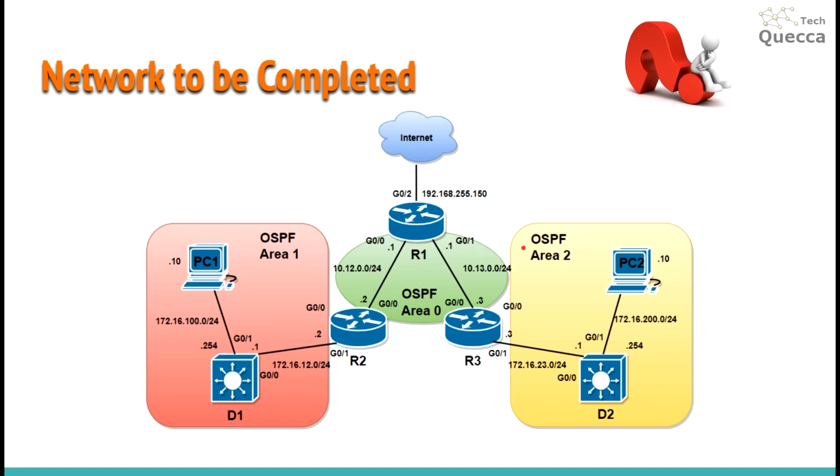And at the end I want to be sure that connectivity from my PC2 and PC1 is okay and I can reach internet throughout my network and, for example, to ping Google or 8.8.8.8 IP address. So let's get started.